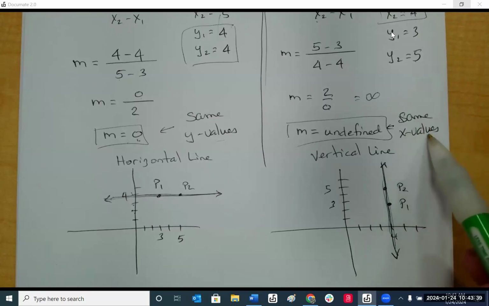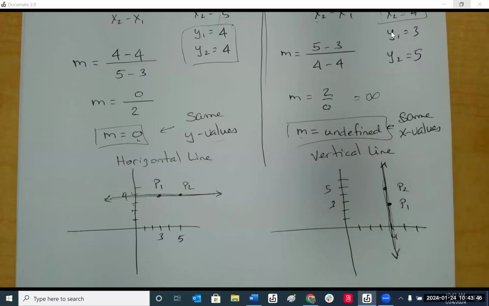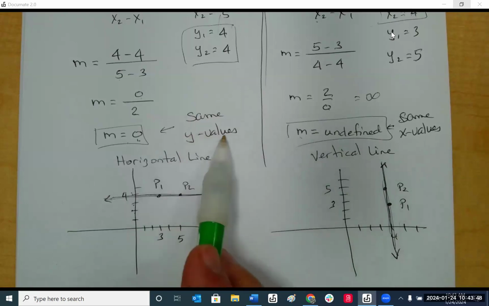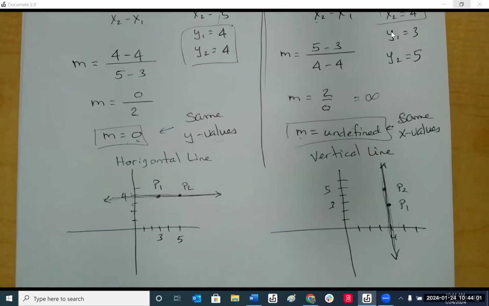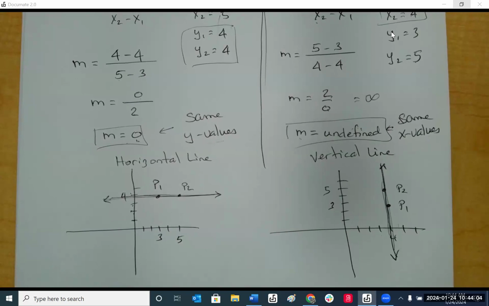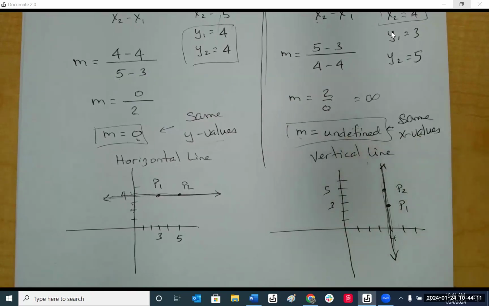So if you have the same x values in your points, that means the slope is undefined and it's a vertical line. If the same y values, it's horizontal, and the slope is 0. Or if I give you a vertical line, you know it's undefined, and you know the x values have to be the same. So all this stuff is interchangeable. You have to be able to tell me what's happening.